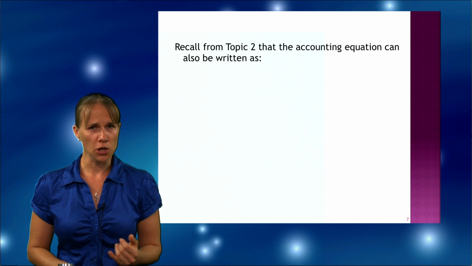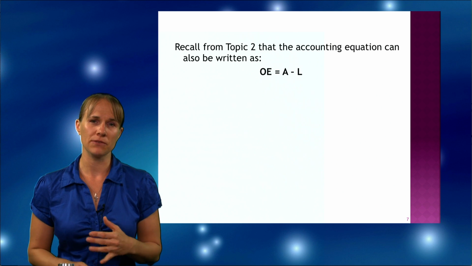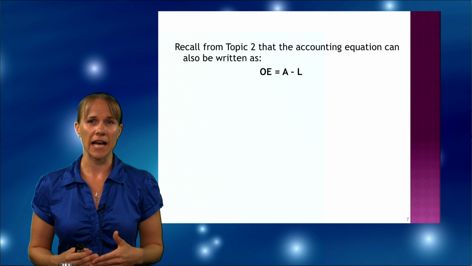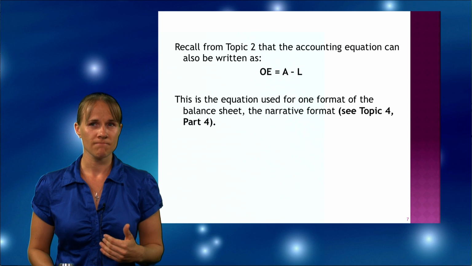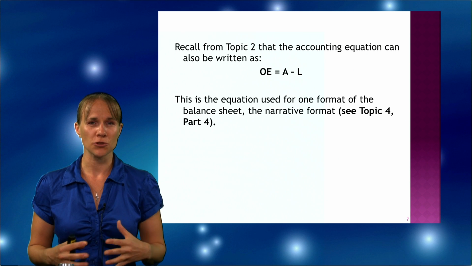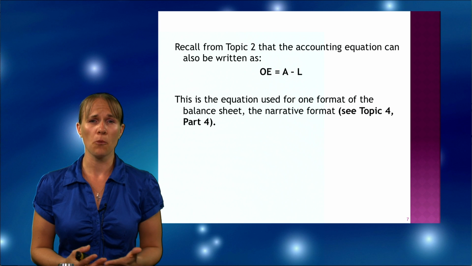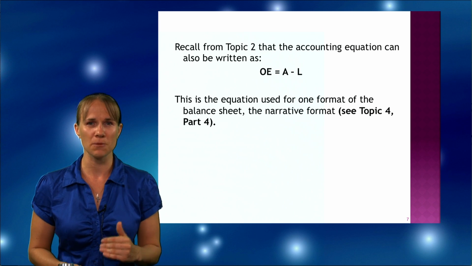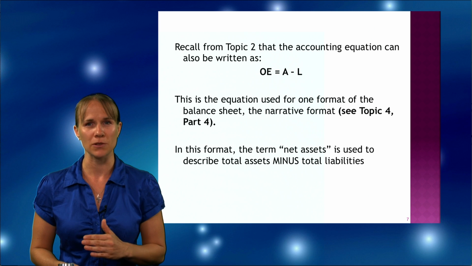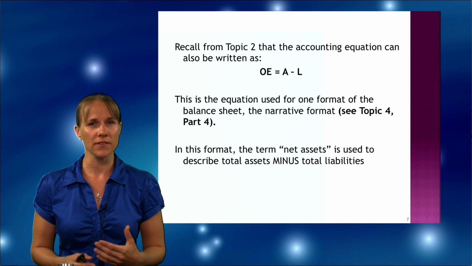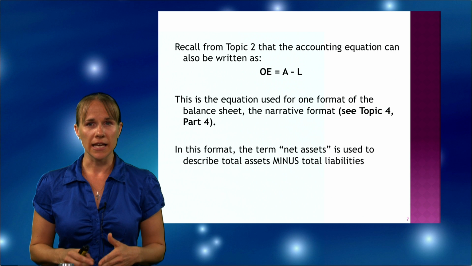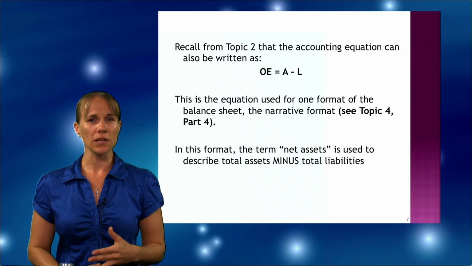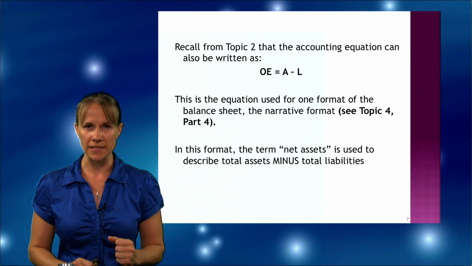If you recall from Topic 2, our accounting equation can be written as OE equals A minus L. This equation also represents one of the formats of a balance sheet, the narrative format. You'll see what the narrative format looks like when we get to the Part 4 video. In this format, the term net assets is also used to describe total assets minus total liabilities.